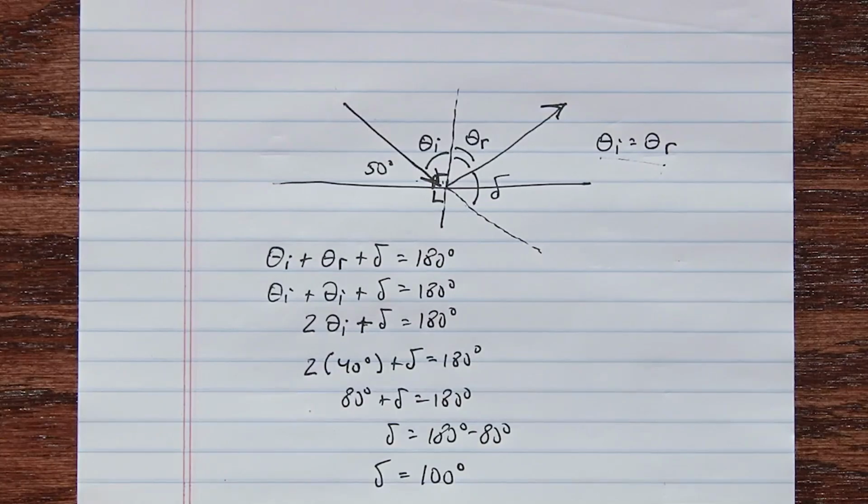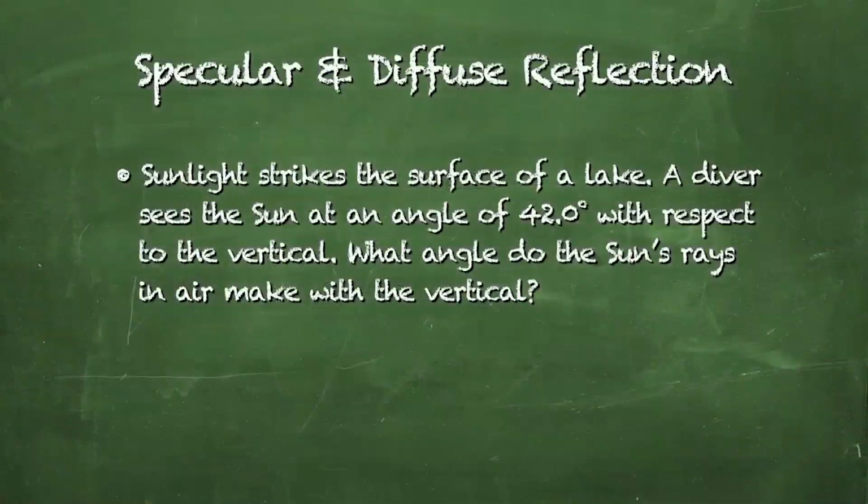Let's work another example. Sunlight strikes the surface of a lake. A diver sees the sun at an angle of 42 degrees with respect to the vertical. What angle do the sun's rays in air make with the vertical?